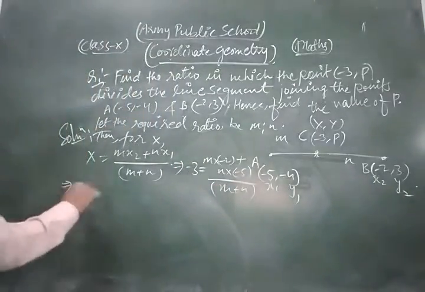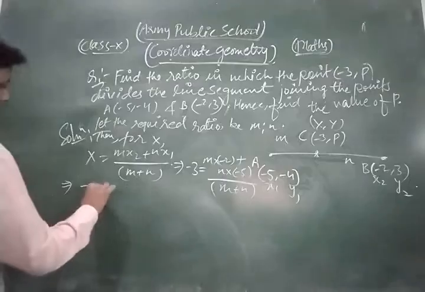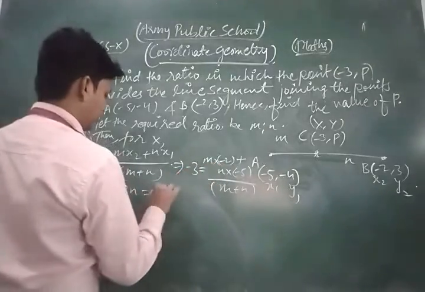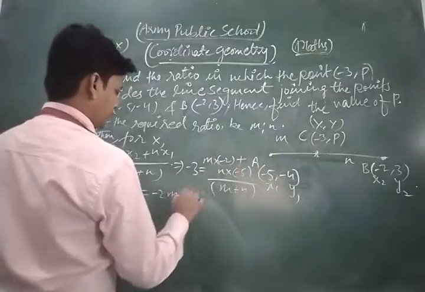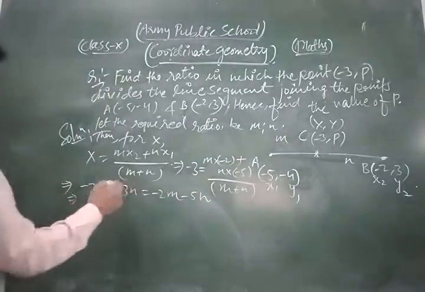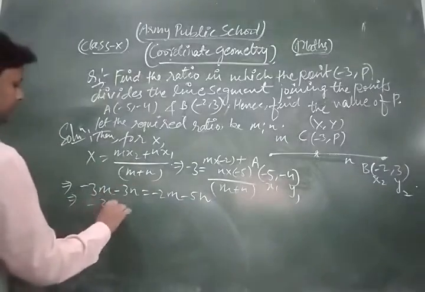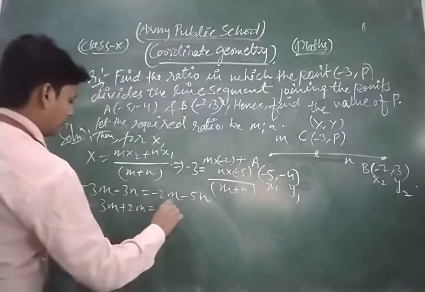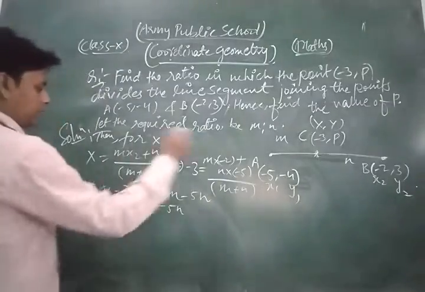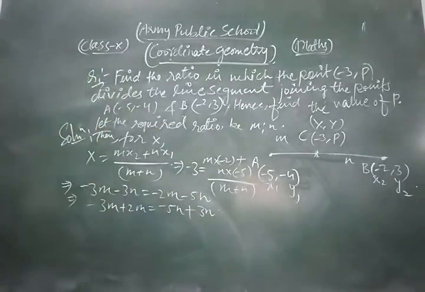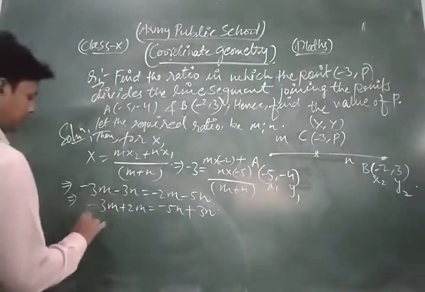So we get minus 3m minus 3n is equal to minus 2m minus 5n. Now look, we separate the variables. Minus 3m transfer that side, that is plus 2m, minus 5n is there. Now minus 3n transfer that side, plus 5n. Now we separate them, these are the like terms.